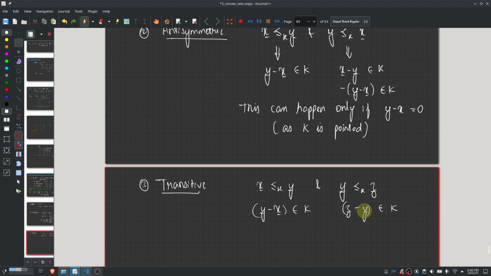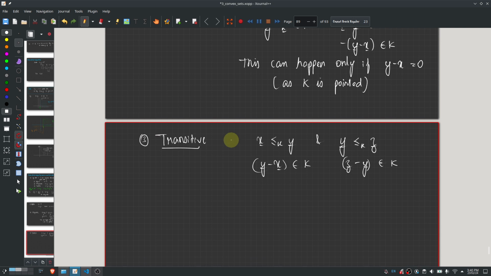It's a conic combination. We know that K is a convex cone, right? So since K is a convex cone, it is closed under conic combinations.